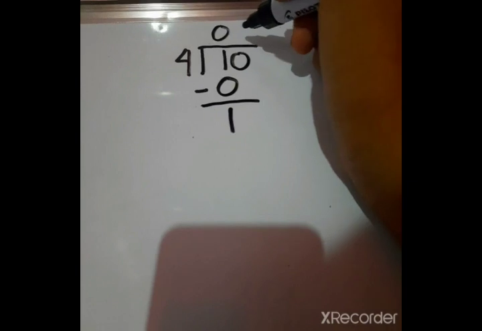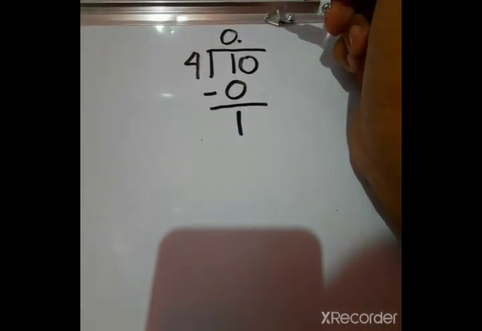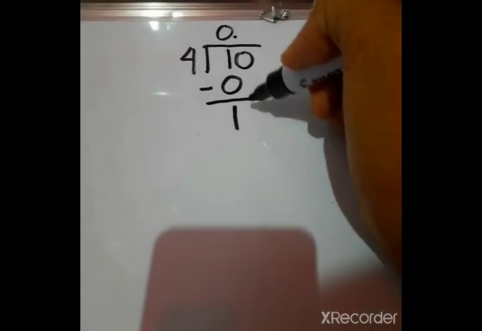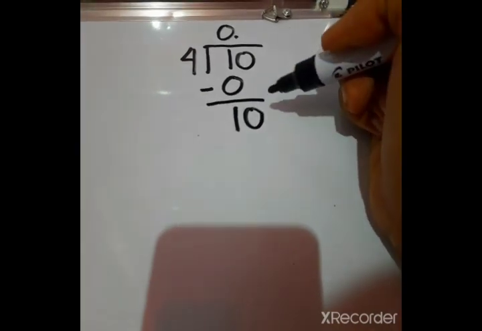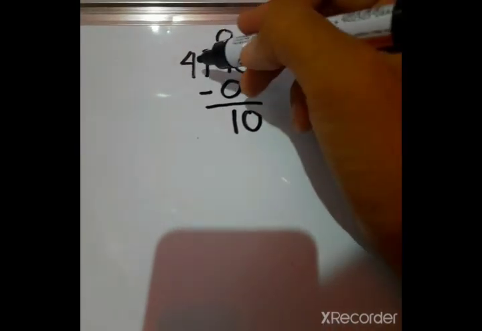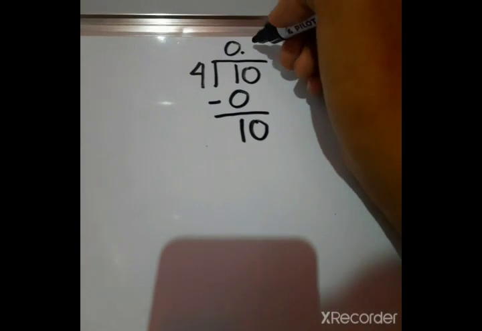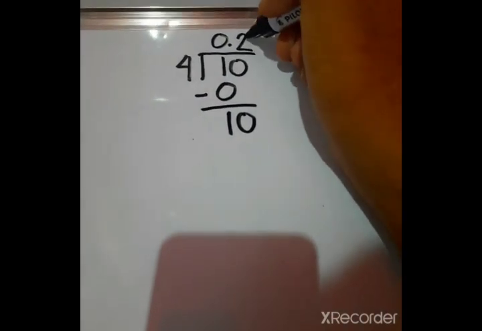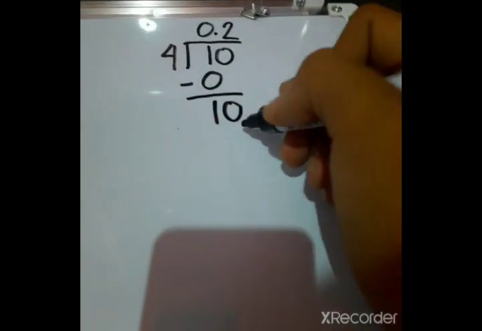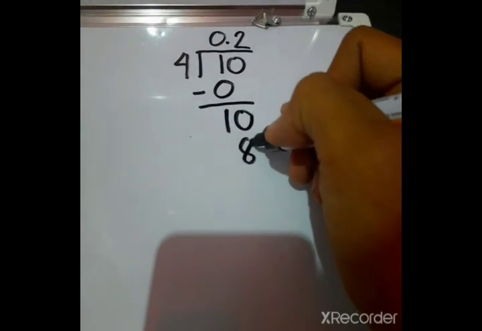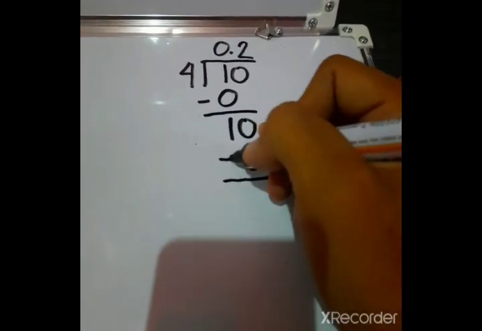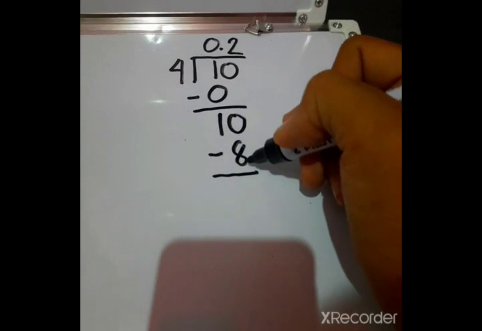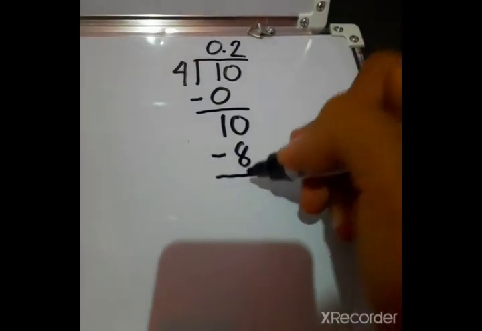By doing that, add decimal point on top of it. And then bring down 0. So 10 divided by 4, the answer is 2. 2 times 4, the answer is 8. So 10 minus 8, the answer is 2.